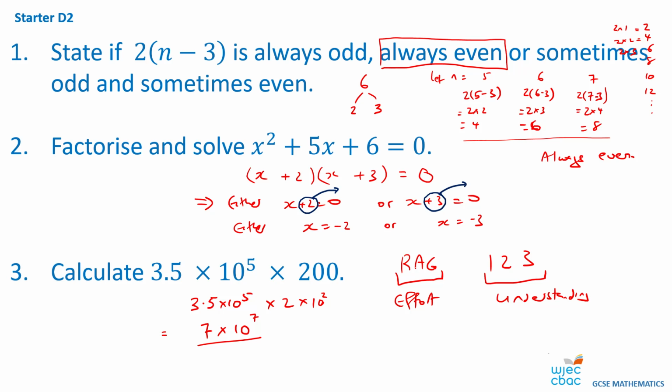Amber, you didn't have as much effort. And red, that's shocking. And 1 is full understanding, and 3 is you need to go over a couple of questions or ask me. Good. So hit pause and do that. Once you're ready, hit play again, and we'll look at an example on completing the square.